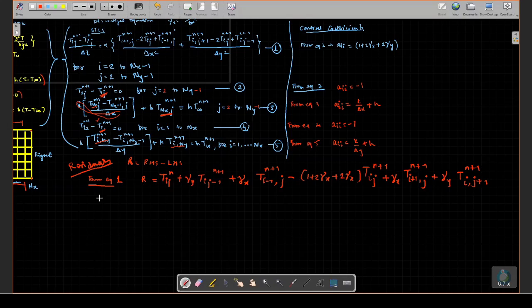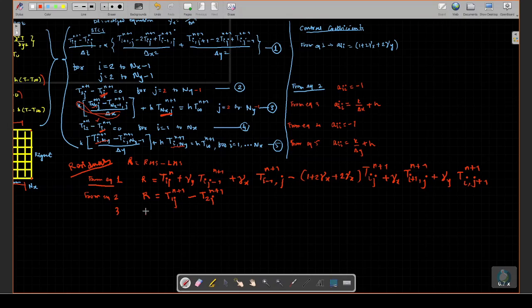Similarly from equation 2, what is R? For equation 2, T1J n plus 1 minus T2J n plus 1 becomes the residual.